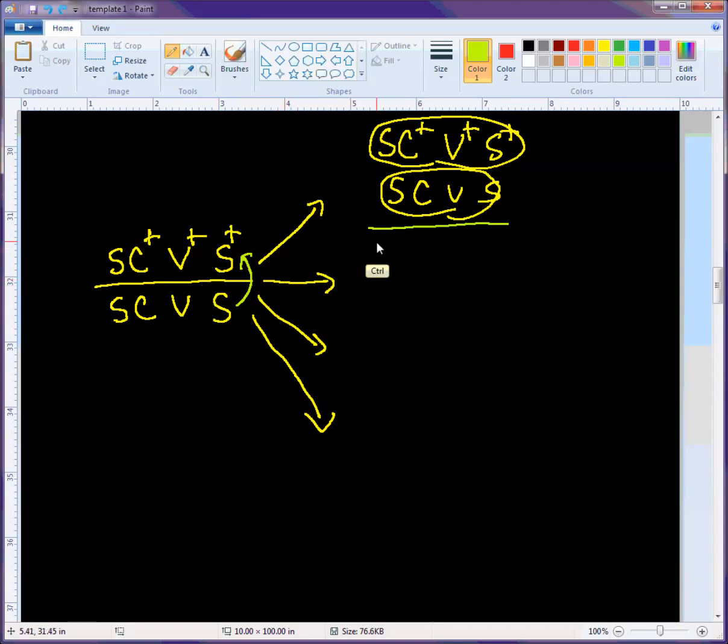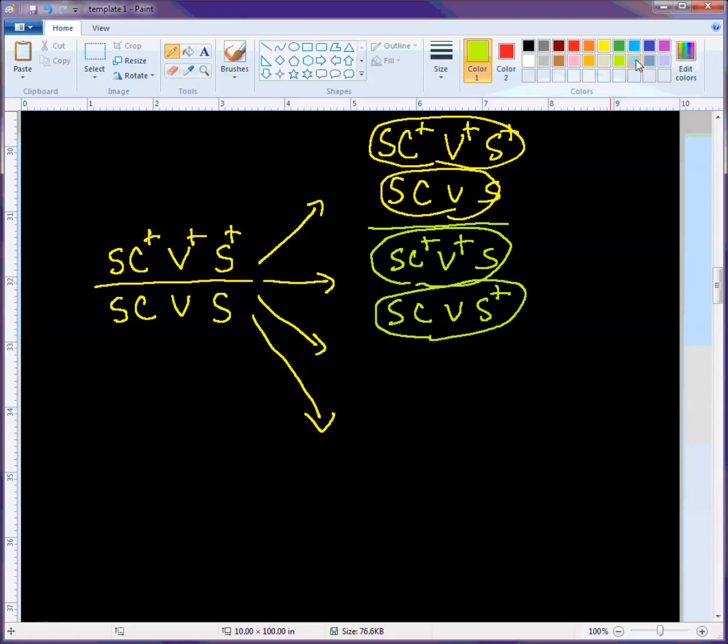This is one of the single crossover classes. So SC plus, V plus, S up here, SC, V, S plus here. Now the other single crossover class, SC moves up, SC plus moves down, SC up, it's one gamete there.